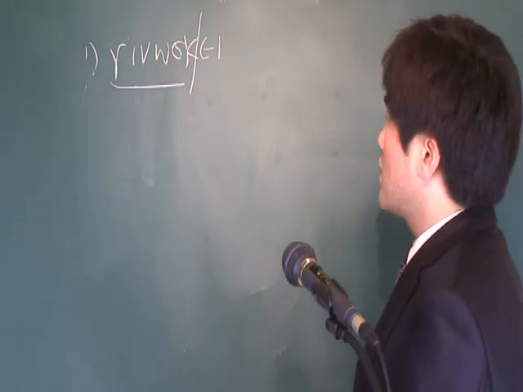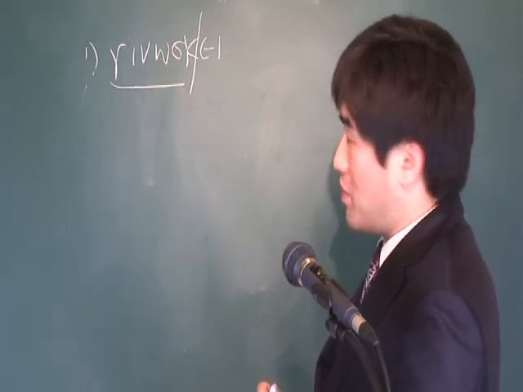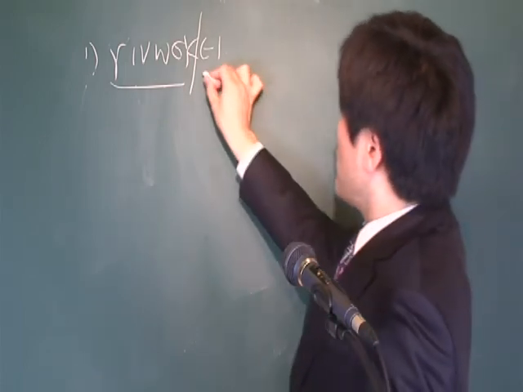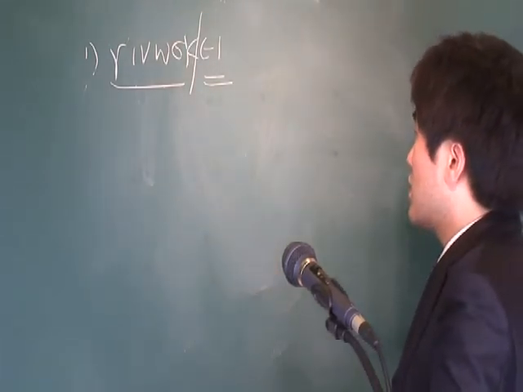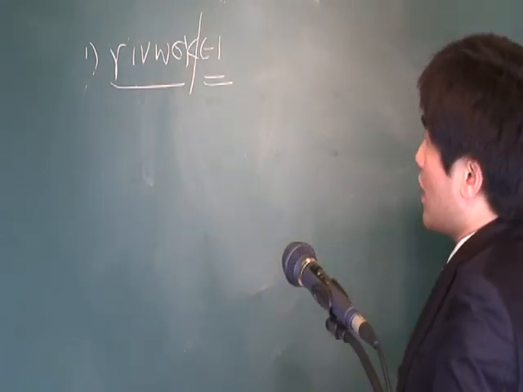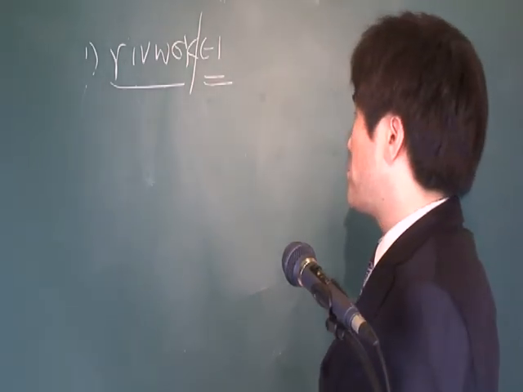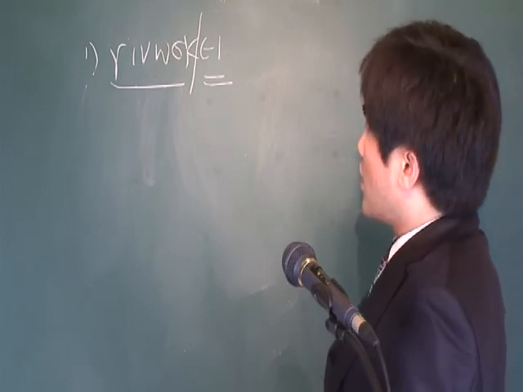Let's look at an example. There is a breathing mark over the vowel alpha. When there is no breathing mark over alpha, it is pronounced like the letter A of the English alphabet.